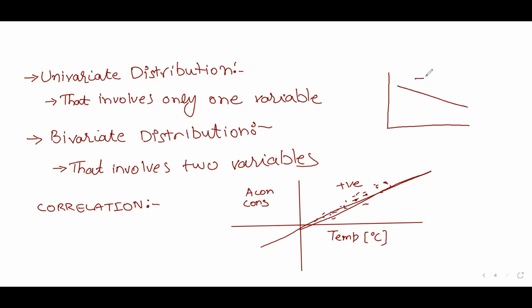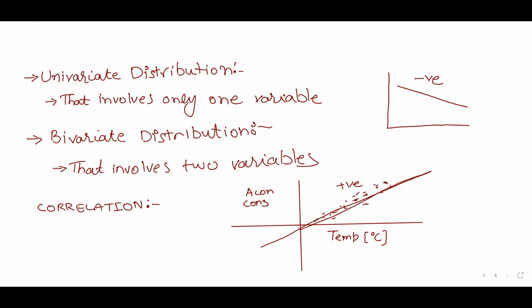In the first graph, one is increasing, the other is also increasing. Here, one is decreasing, the other is increasing. This is known as negative correlation. So there are two kinds of correlation. First is the negative correlation, and the other is positive correlation.